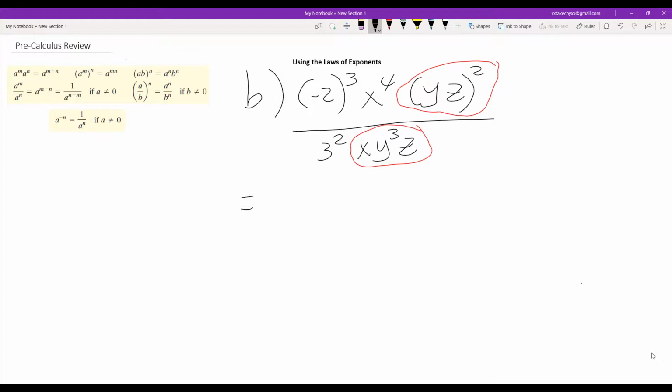Well, negative 2 to the 3rd power, that is simply negative 8, right? Then we got x to the 4th power. You know what, let me move this a little bit down.